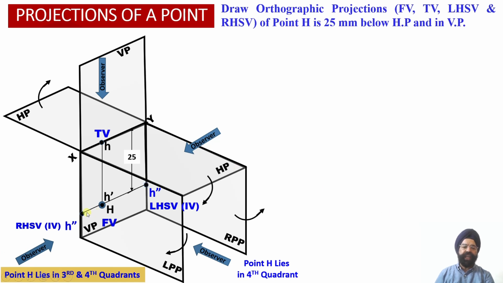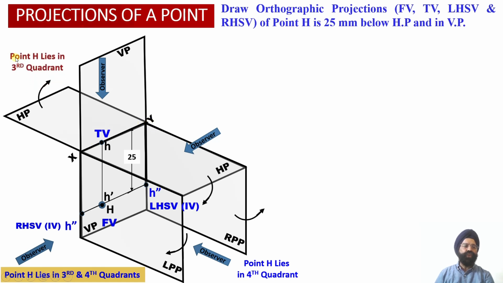Now we can check that once we draw these three projector lines, we are able to establish the relationship between the front view orthographic projection and the right hand side view and the left hand side view orthographic projections. That is, all of these three projections will be available at a distance of 25 millimeter below the horizontal plane or below the XY reference line.